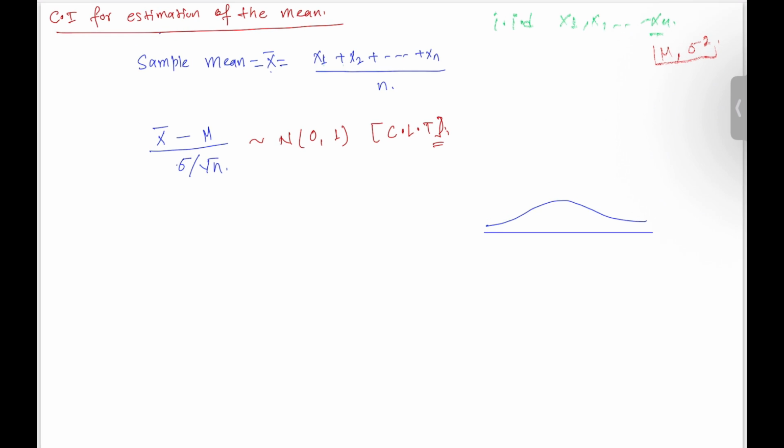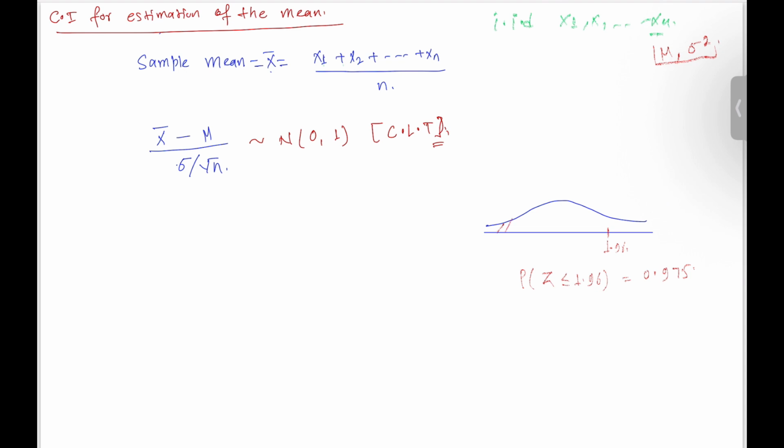It means that if the standard normal random variable, which we are denoting with z, is less than or equal to 1.96, then the probability will have the value 0.975, right?